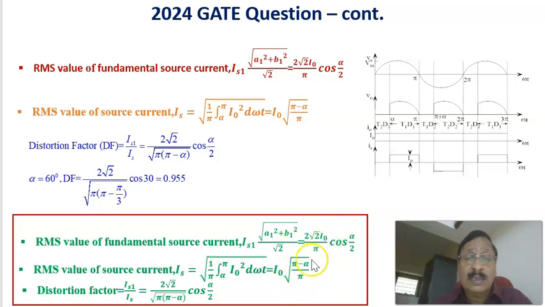Just remember these two, and the ratio IS1 divided by IS, the distortion factor, equals 0.955.